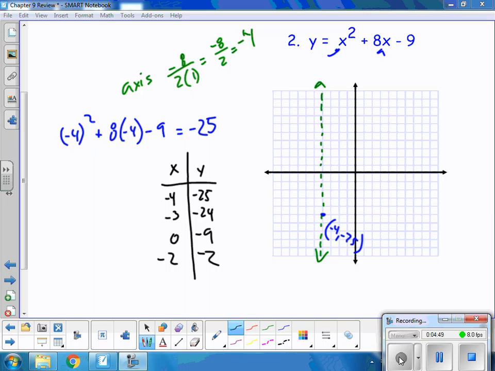So let me plot a couple of those out. So negative 3, negative 24. I mean, that's like right there. So that's not a whole lot of change. 0, negative 9, so 5, 10. So it's like right there, throwing me off a little bit. And 1, 2, 3, 4. So it's like right here.